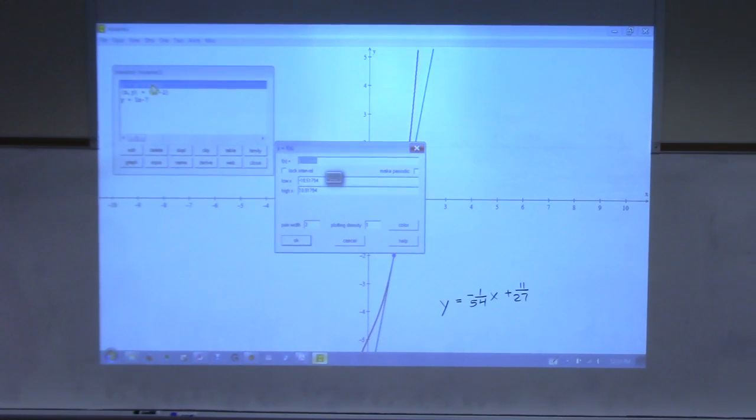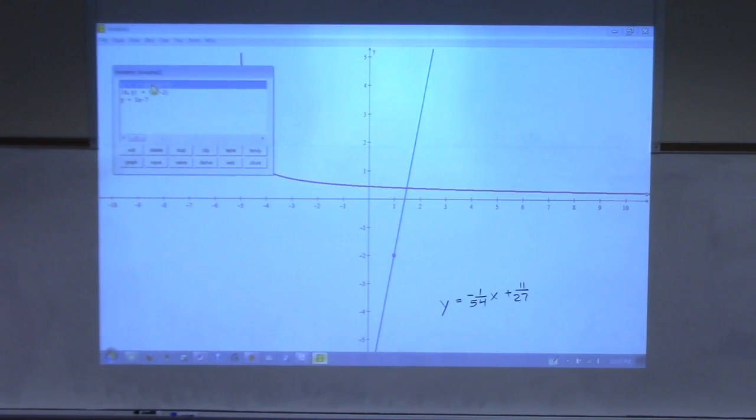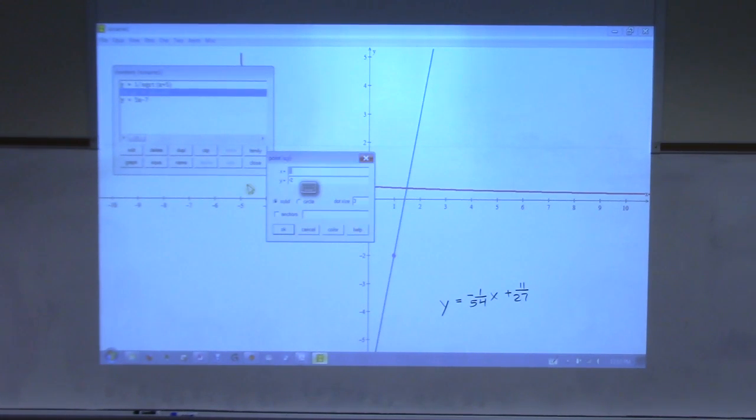The original function was, please remind me, was it 1 over the square root of x plus 5. There it is. And the point that we were looking at was 4, 1/3, which is that point.